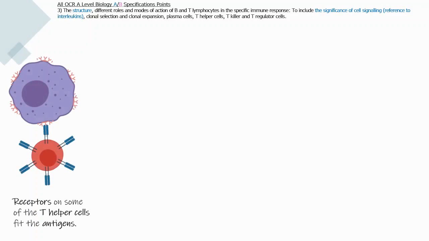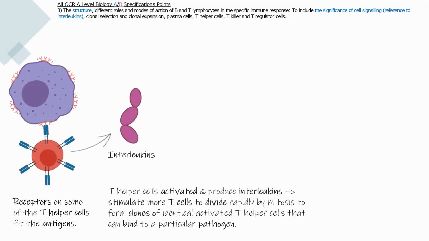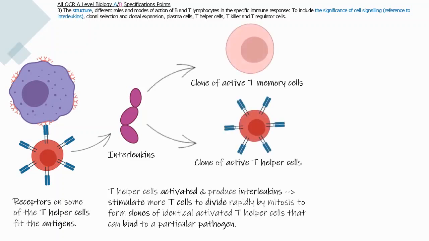So then receptors on some specific T helper cells fit the antigens, they complementary bind, and the T helper cells are then activated and produce interleukins, which we know stimulate more cells to divide rapidly in order to form clones of activated T helper cells which can bind to a particular pathogen. So we've got a clone of active T memory cells in order to work during the secondary immune response if we're infected again, and we also have a clone of active T helper cells.